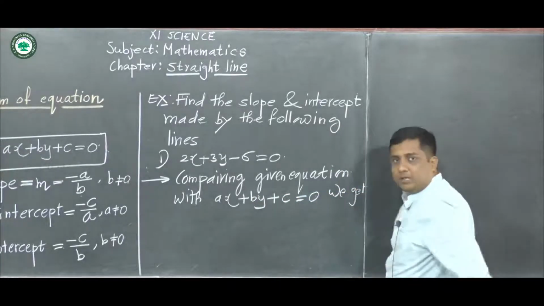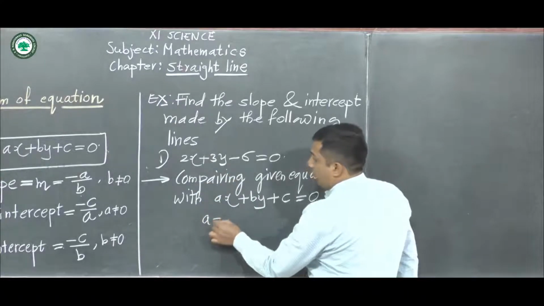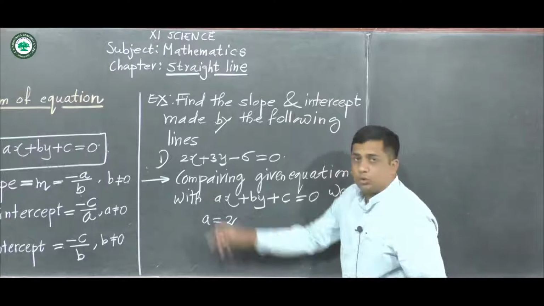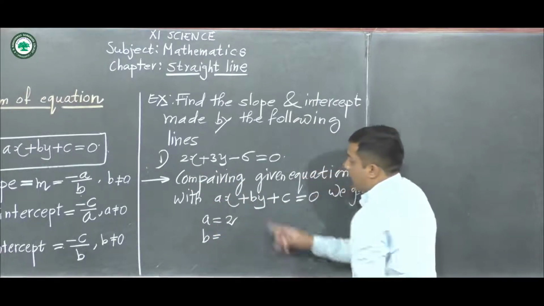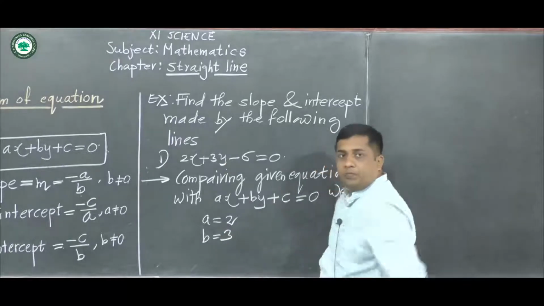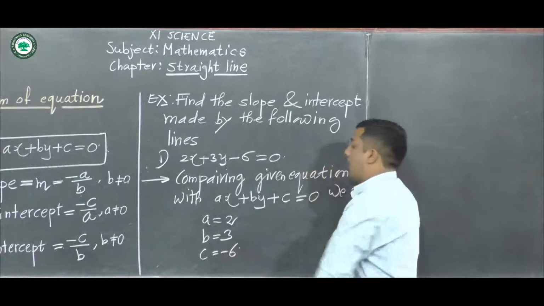Here we get the values of a, b and c. Comparing, a is equal to 2, b is 3, and c is equal to minus 6.